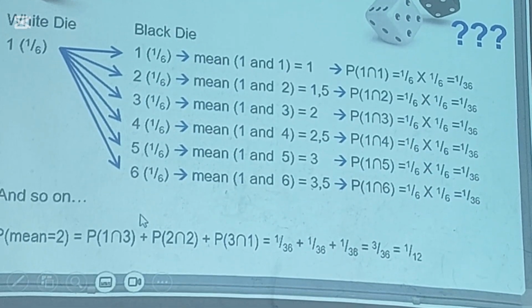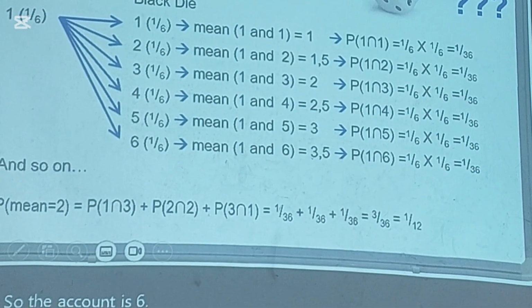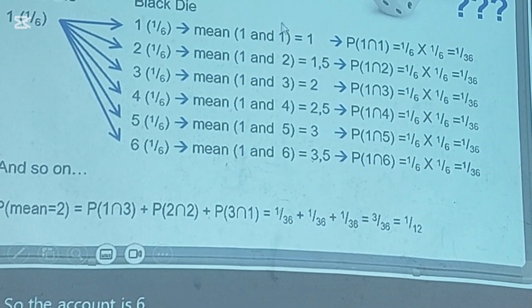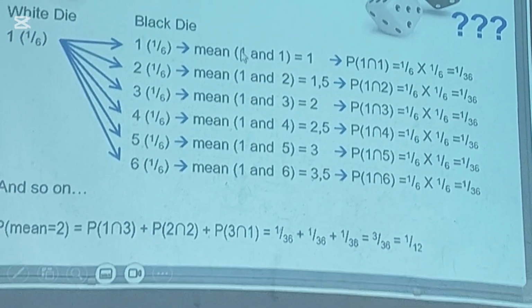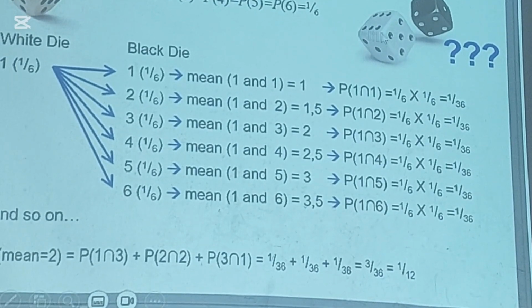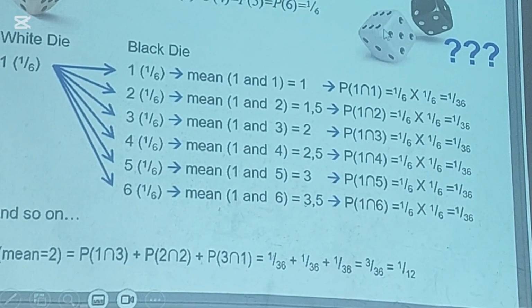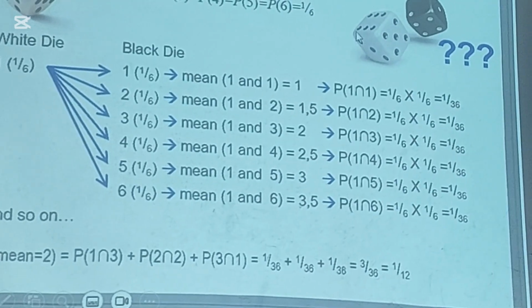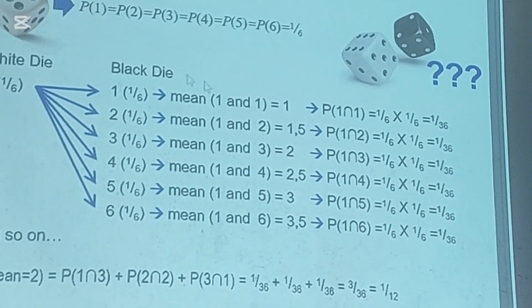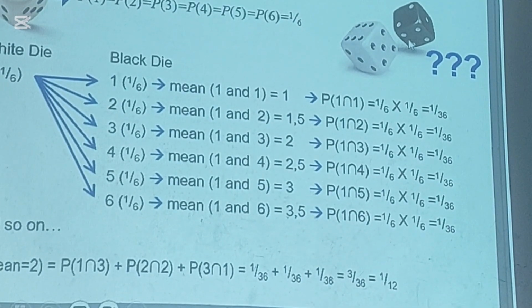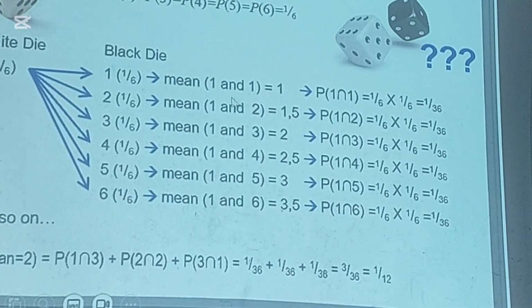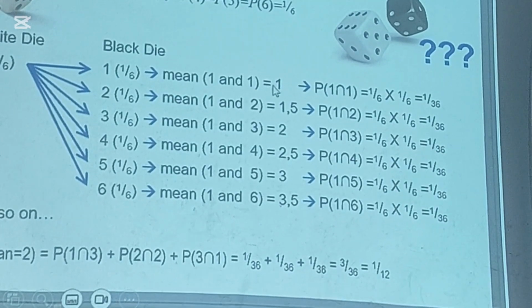This is the probability. If we want to know about the mean, the average of the numbers, the occurrence if we throw the dice, maybe the white die is 1 and the black die is 1, so we have 1 plus 1 divided by 2 is 1.